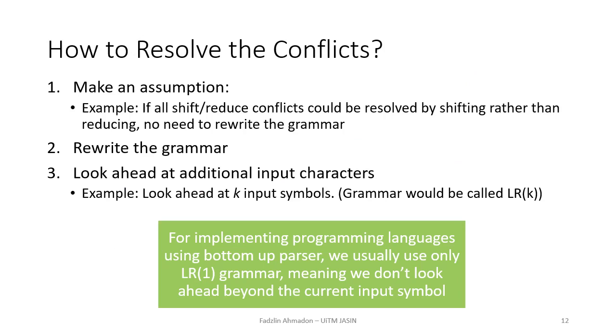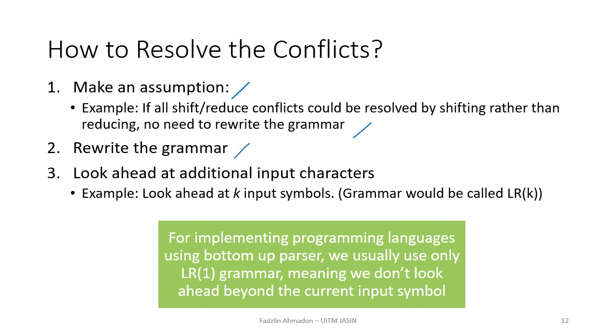One, we can make an assumption. So for example, this is especially true for shift reduce conflict. If whenever we face conflict, always choosing shift will make the string be able to be accepted, we can program it into our parser to always shift. Therefore, we do not need to rewrite the grammar. The second way to resolve is to rewrite the grammar.